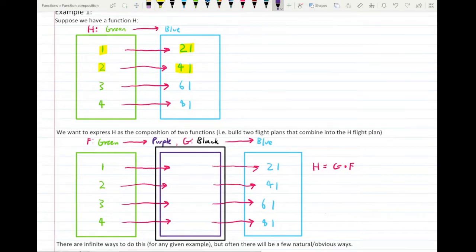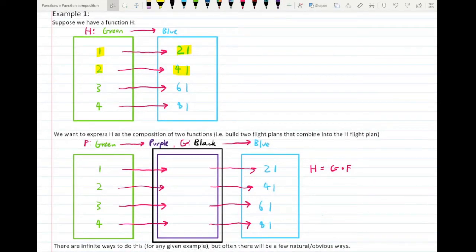So in this case, the natural sort of decomposition would be mapping 1 to 20 first, as in that's sort of the first step you're going to do when you're going through this function mapping, this flight plan, right? The natural intermediate step is going to 20 and then to 21. You know, kind of like if you're trying to get from San Francisco to Phoenix, there's a natural layover in Los Angeles, as opposed to, say, Beijing.